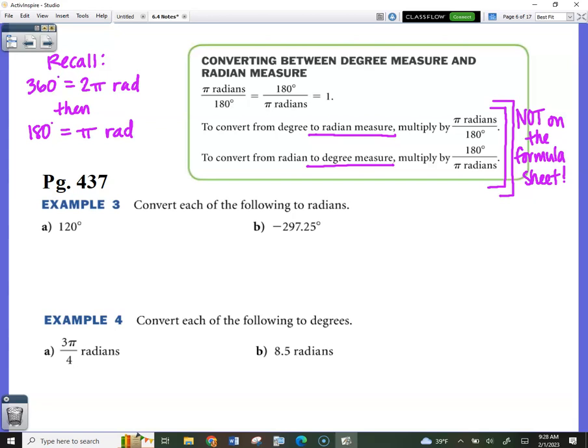Let's tweak this. If we're going to radians, what appears in my measurement? A pi, right? Every time. If we're going to radians, we're going to end up with pi. If we're going to degrees, we're going to obviously end up using a degree symbol. Yes? Here's how you know which one to use.